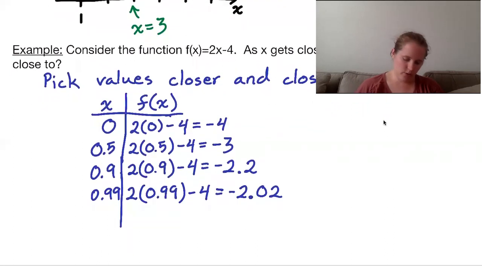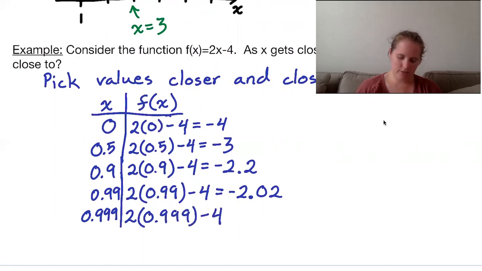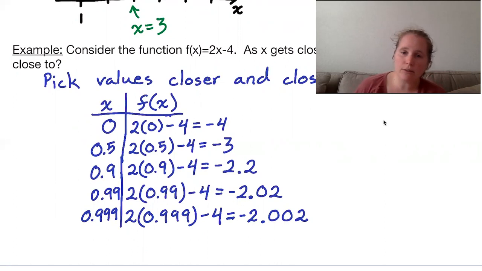Let's do one more just to see the pattern. At 0.999, we do 2 times 0.999 minus 4, and we get negative 2.002. So it certainly looks like, coming from the left, that we are getting very close to negative 2.